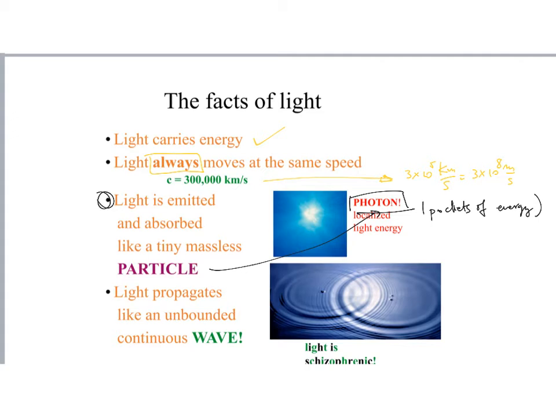So you can think of light as a photon, but in some other cases, light propagates like an unbounded continuous wave. So it behaves like a wave sometimes, and sometimes it behaves like a particle.